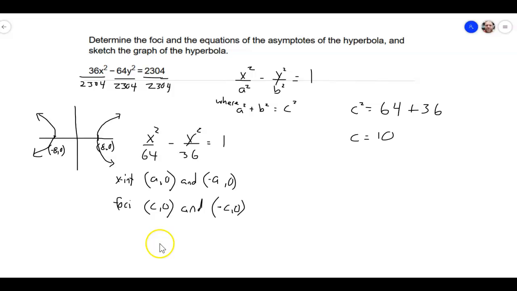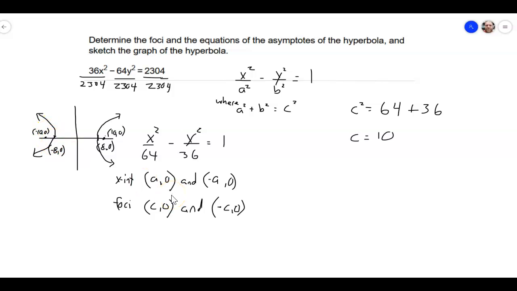So the foci are going to be at one point right here, at (10, 0), and another point right here, at (negative 10, 0). So what in the world is this b for then?